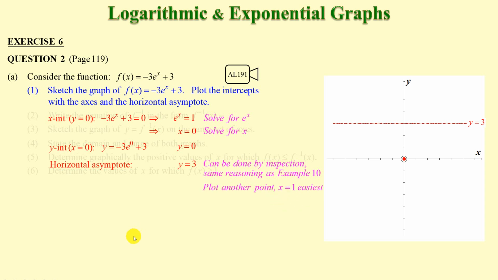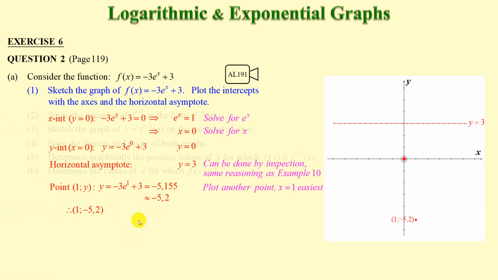We need to plot another point. Let's do x equals 1. So I've substituted 1 for x and solved for y, approximately equal to negative 5.2.